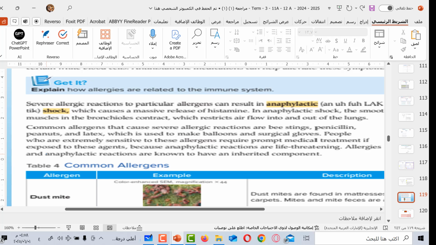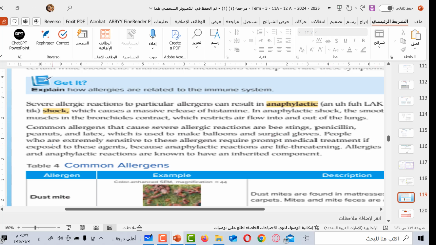Common allergens that cause severe allergic reaction are peanuts, yes, and latex, which are used to make balloons and surgical gloves.